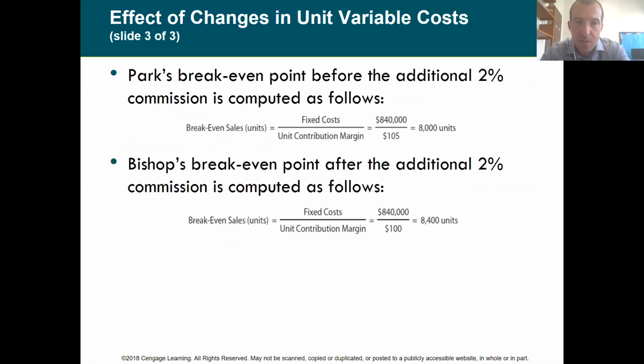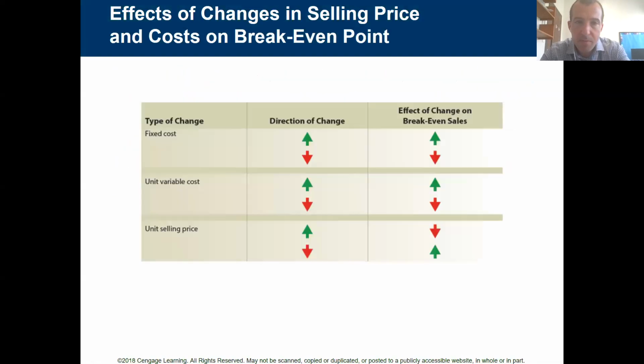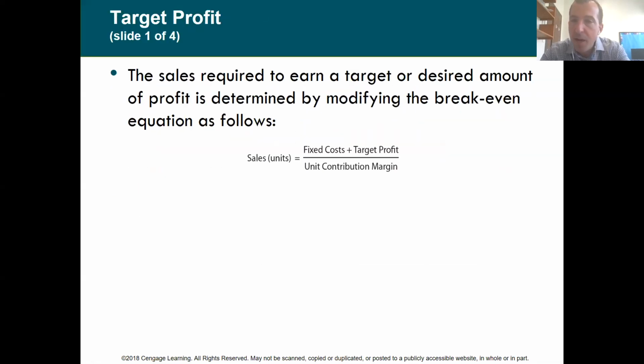And then the last thing I want to talk about is target profit. It's the same exact calculation as break even in both quantity and sales. But instead of solving for zero, which is what break even does, we're going to solve for a target profit.